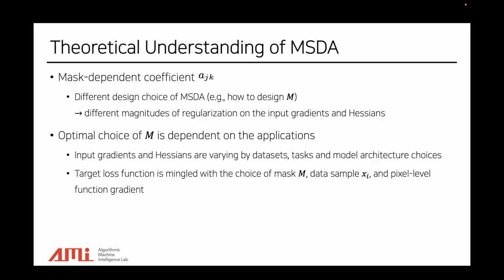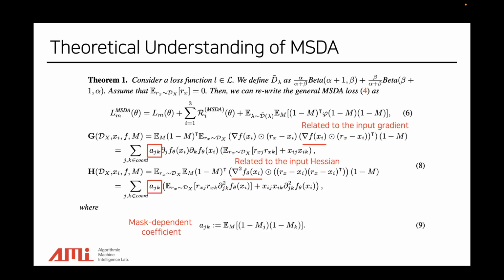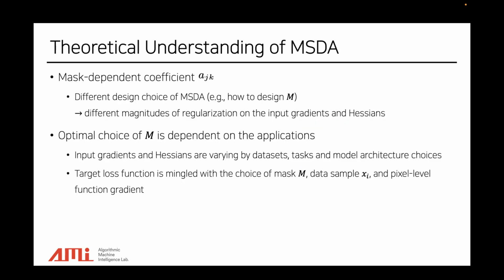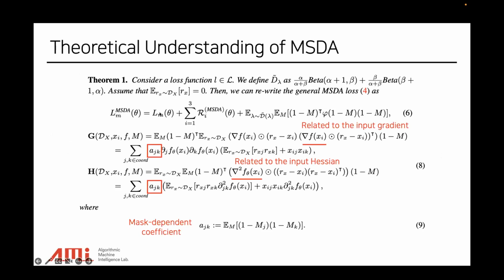What I want to say is, if we change this coefficient AJK with a varying design of mask, because this coefficient is constructed with the mask, this will bring different magnitudes here and here. So the strength of the regularization effect can be controlled by the design choice of these masks.